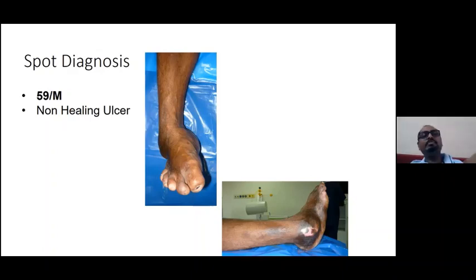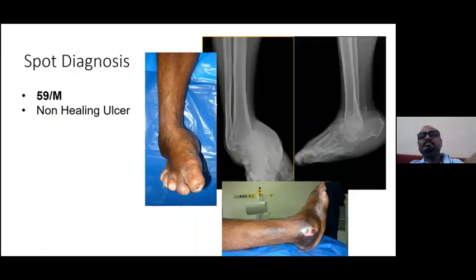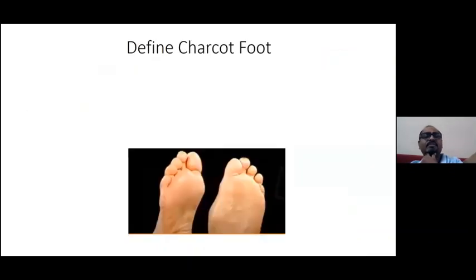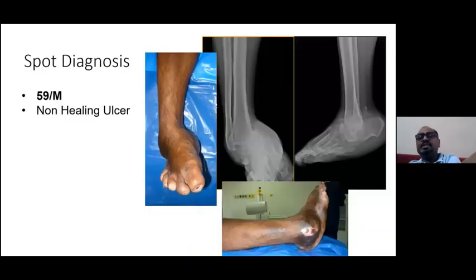So this is Charcot foot. This is the X-ray. Can anybody read this X-ray, or what are the stages of Charcot? Or can you define what is Charcot foot? It's a neuropathic foot, and we depend upon the staging.